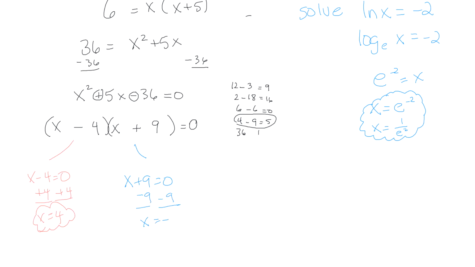X equals -9. You can't have a log of a negative number, so this is not going to be an option for us. So our only answer is x equals 4.